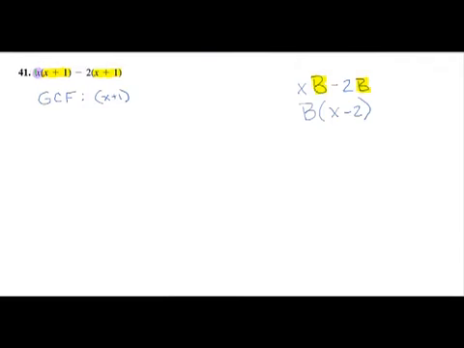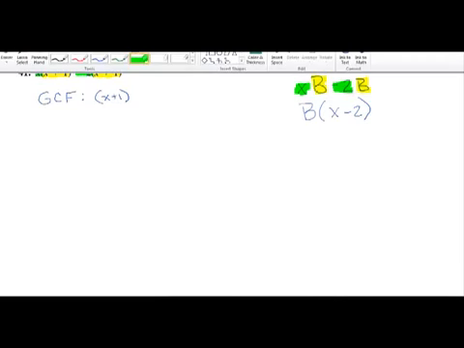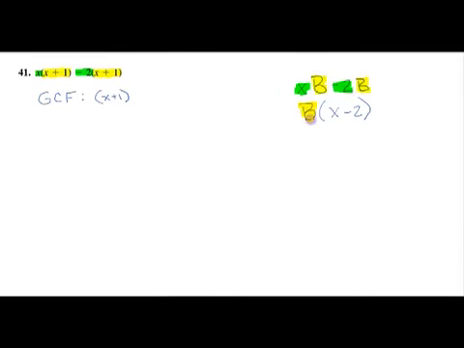So I have an x and an x, a minus 2 and a minus 2. I'm factoring out b, and I'm left with x minus 2.